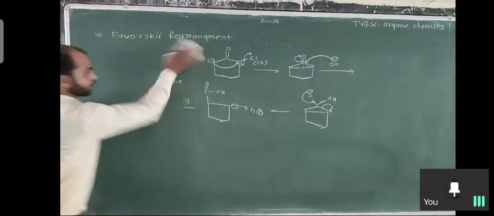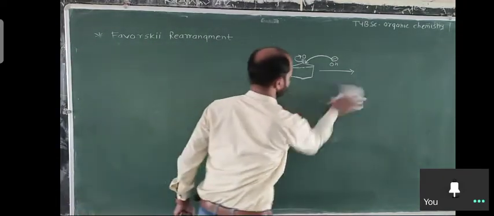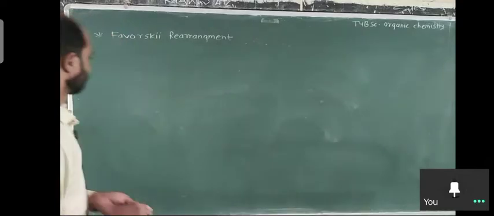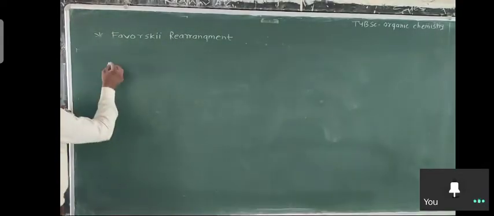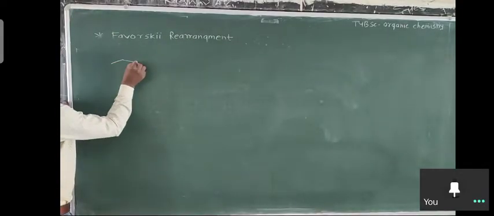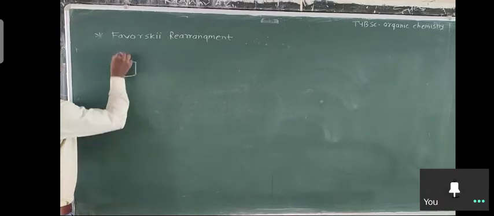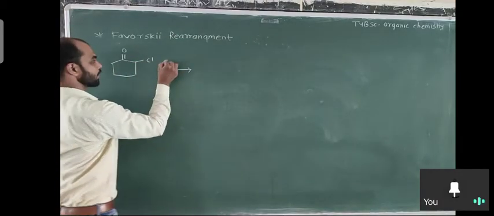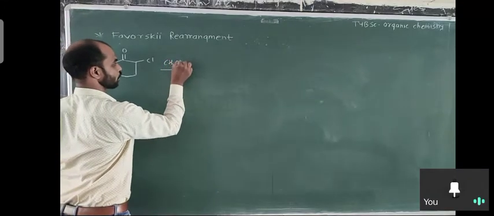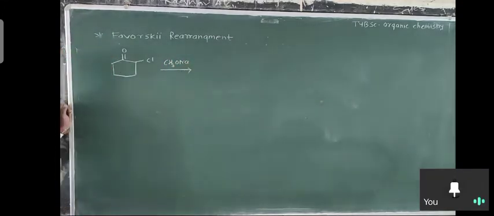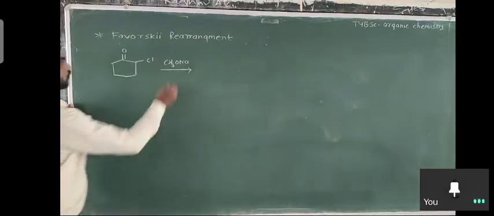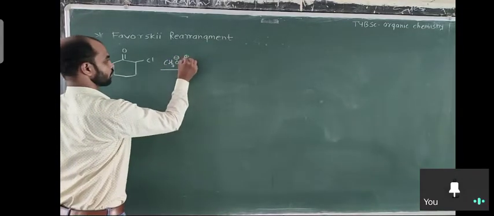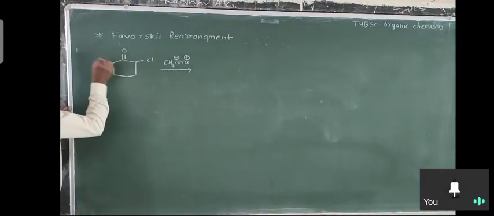Next example is, suppose the same example, here is a Cl, but if we use here base CH3ONa, sodium methoxide, so O negative. So what happened first?